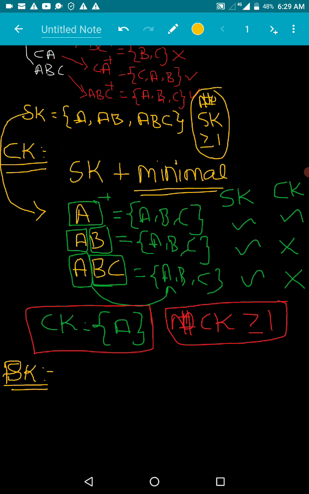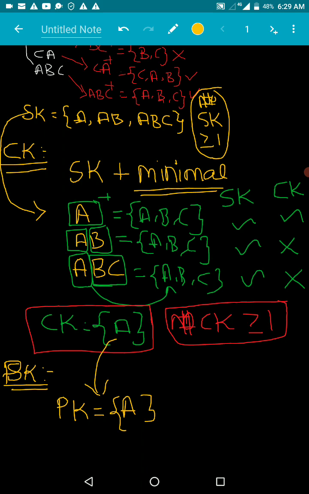In this case, the candidate key is just a single one, so we can pick A as the primary key by the database designer.